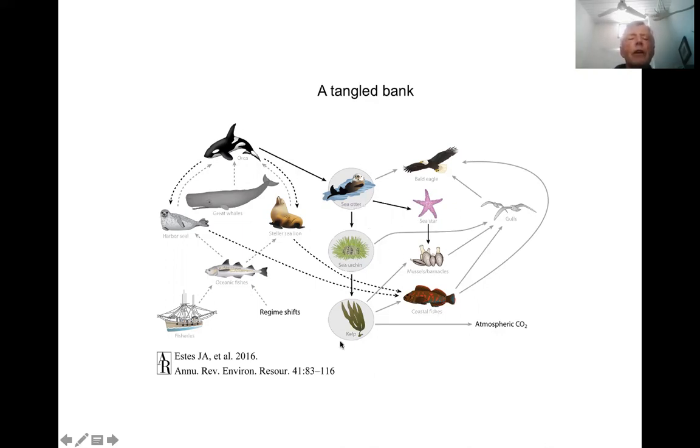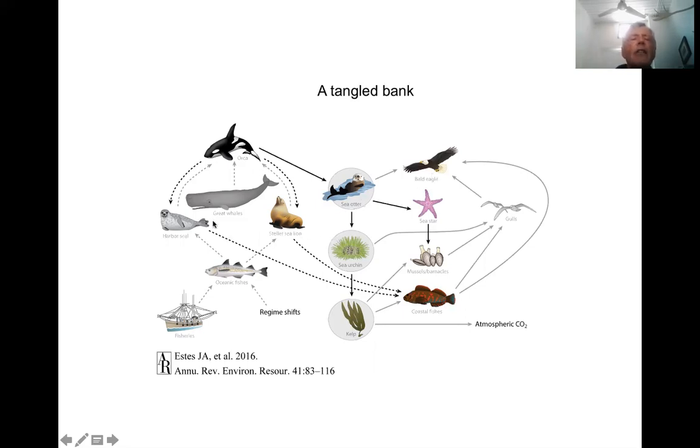And so this illustration, which is just from a review that several of us published a few years ago on the effects of megafauna in ocean systems, shows the sea otter, urchin, kelp trophic cascade, how that is linked to other species like gulls and fish and filter feeders and sea stars. I didn't talk about that, but it does affect the sea stars and eagles.